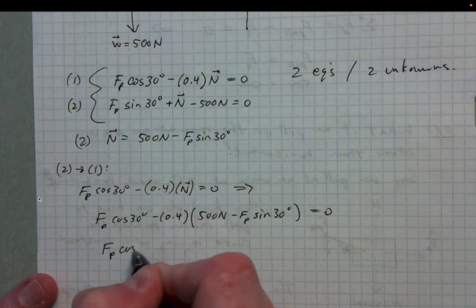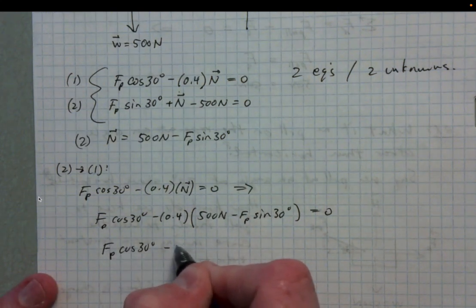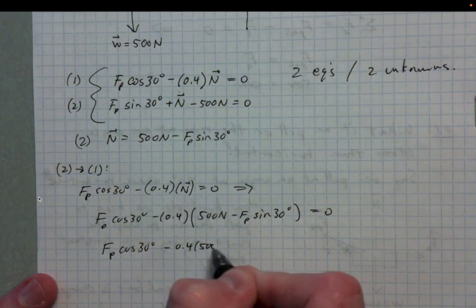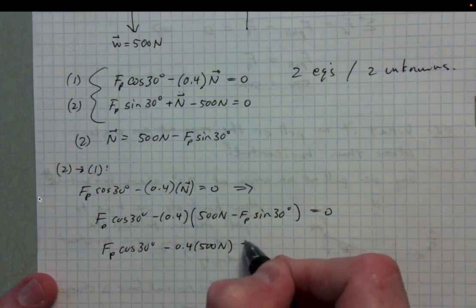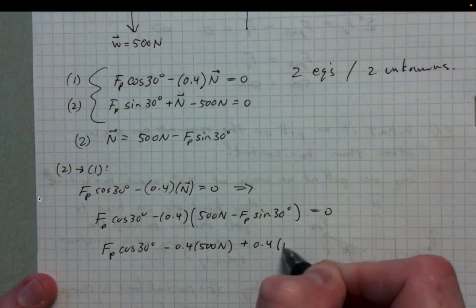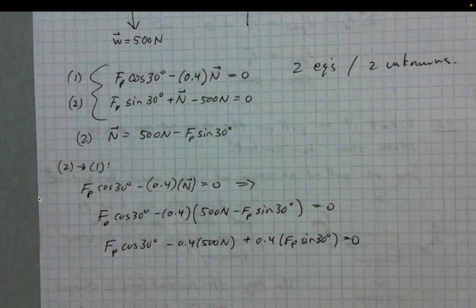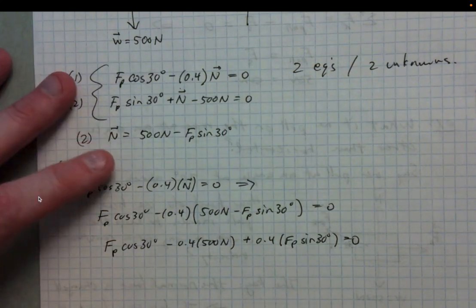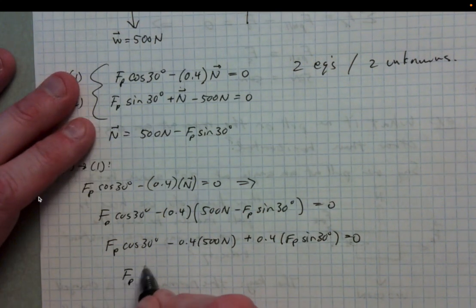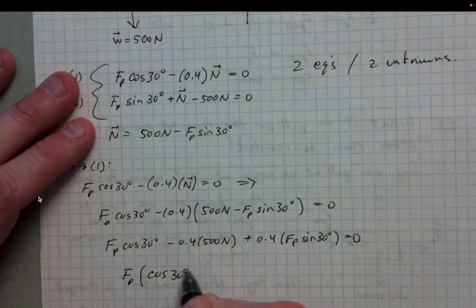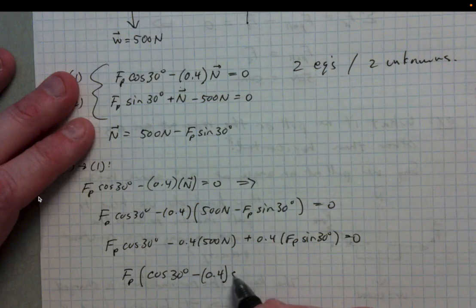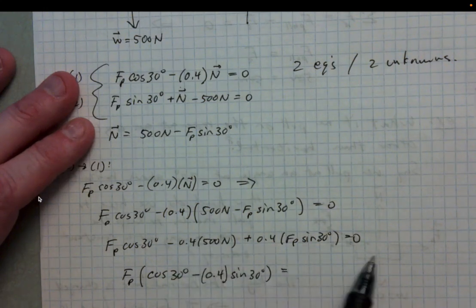F sub P cos 30 degrees minus 0.4 times 500 newtons plus 0.4 times F sub P sine of 30 degrees equals 0. And I can factor the F sub P out. That's really what I'm after. All right, so I could say F sub P, and then I got cos 30 degrees minus 0.4 sine of 30 degrees. And that's going to equal this thing over on the other side.